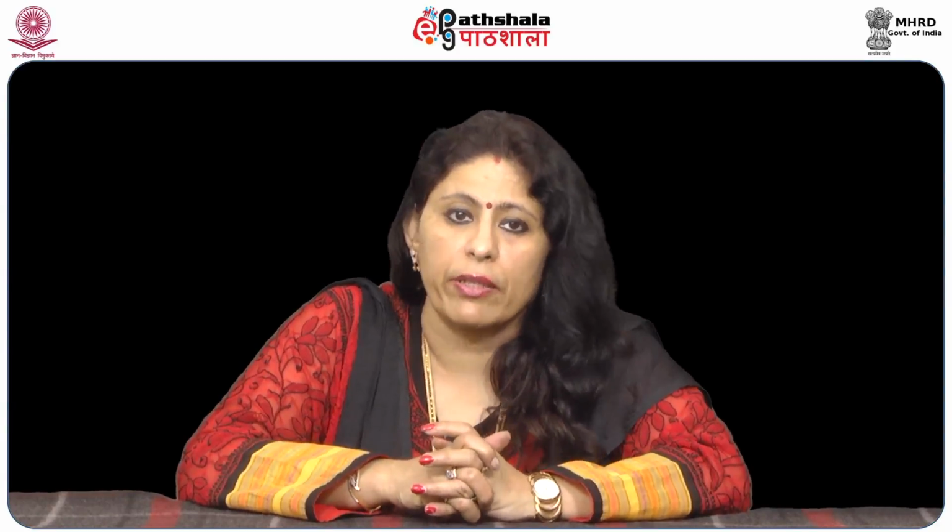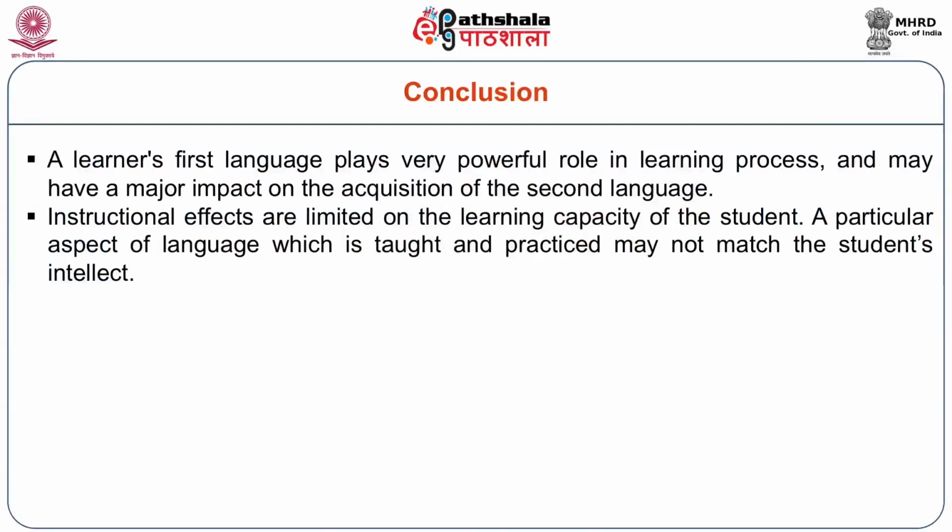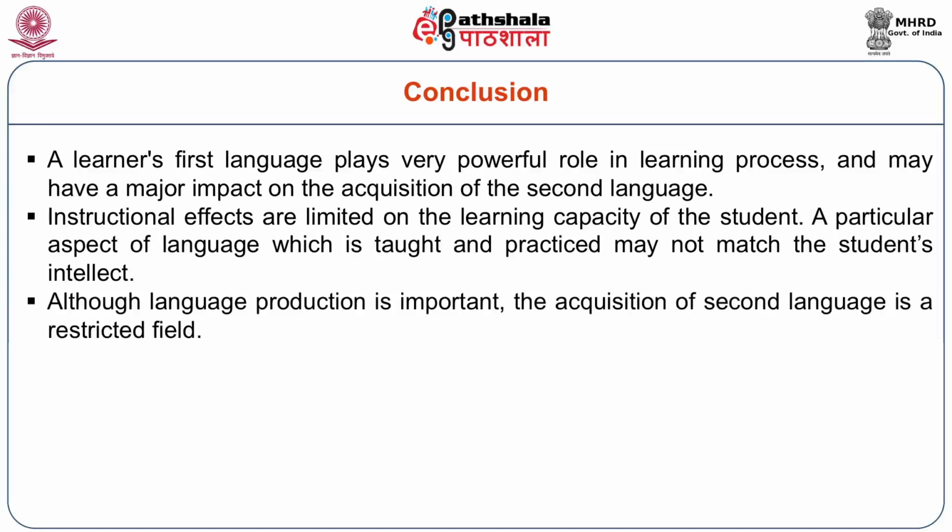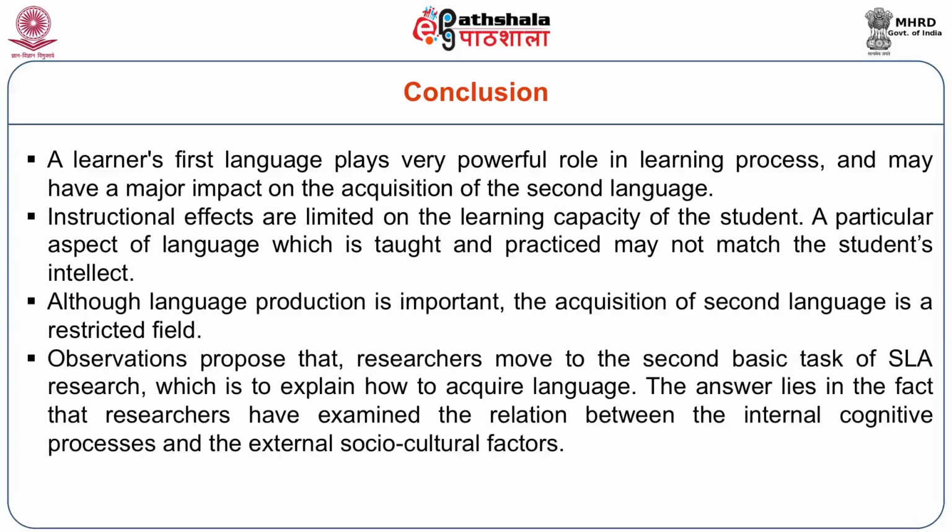But if they belong to different groups altogether, the process is difficult. Instructional effects are limited on the learning capacity of the student. A particular aspect of language which is taught and practiced may not match the student's intellect. Although language production is important, the acquisition of a second language is a restricted field.